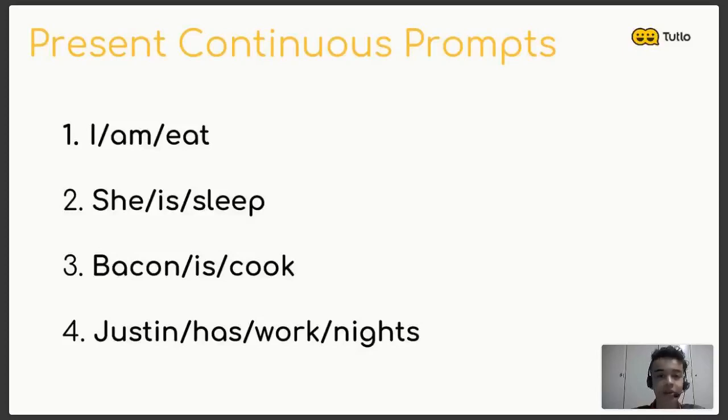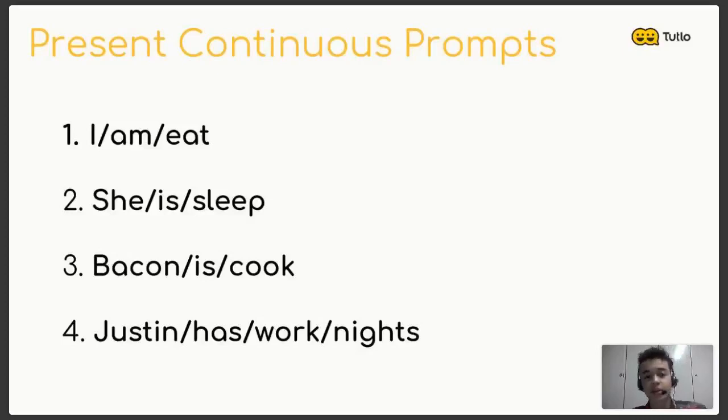Very good. Number 3, Magdalena already gave her answer. What is a possible answer for number 3, where it says "bacon is cook," right? What can we do to make sentence number 3 a present continuous sentence?